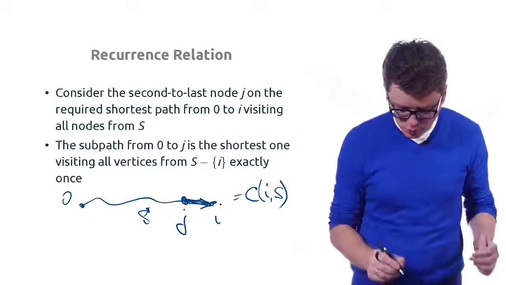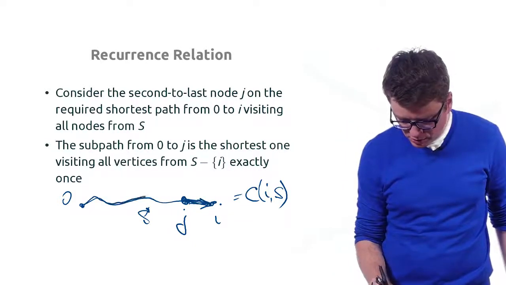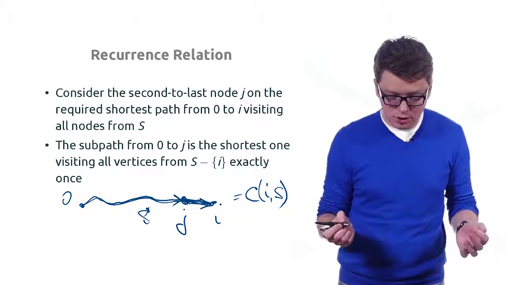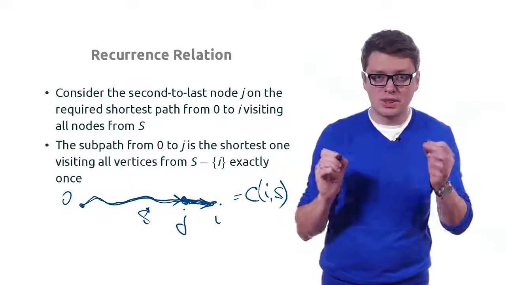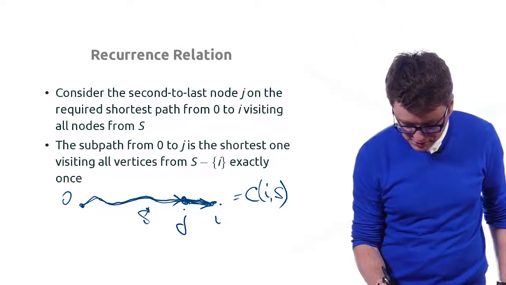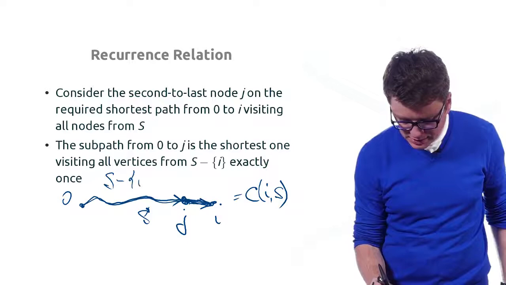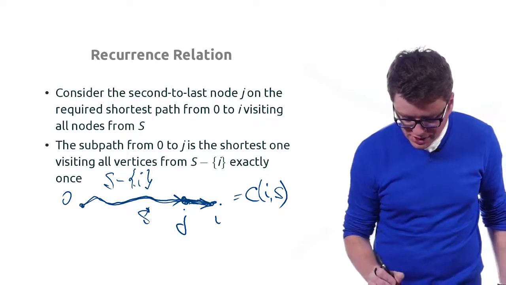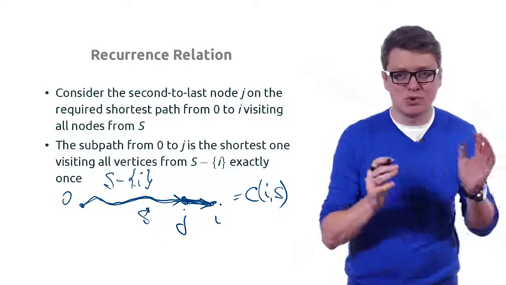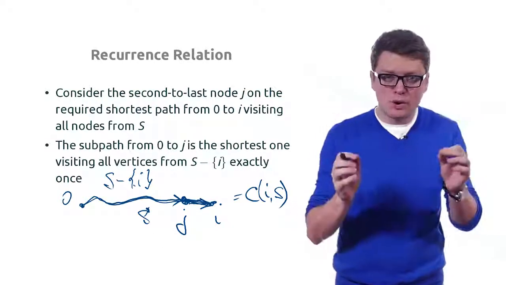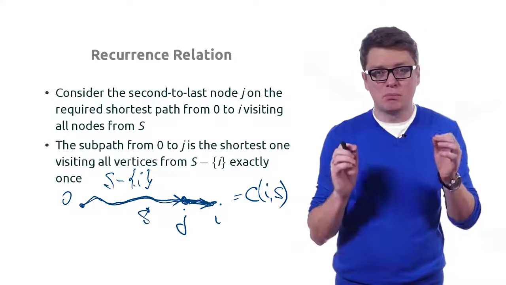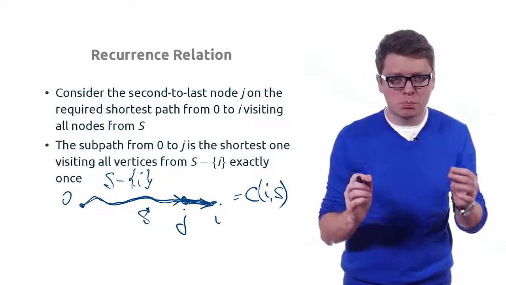So the question is, what can be said about this path going from 0 to S? First of all, it visits almost all the nodes of the initial path, except for the node i. So this is S minus {i}. So we subtract from S a one-element subset containing i. So everything except for i. And what is even more important is that this particular subpath must be an optimal such path.